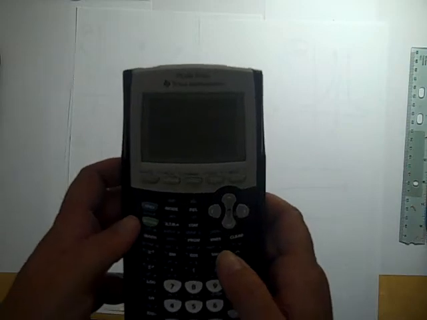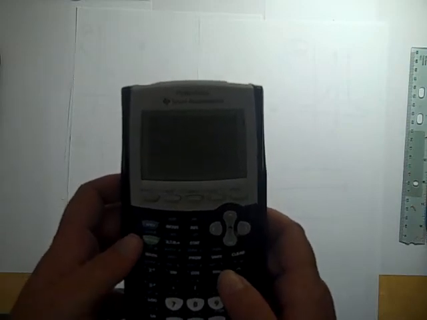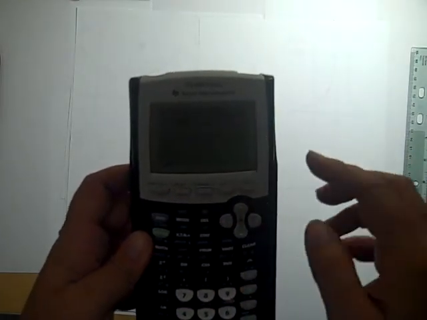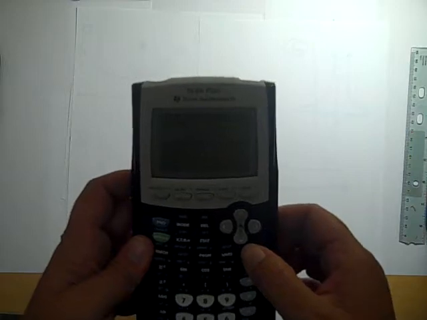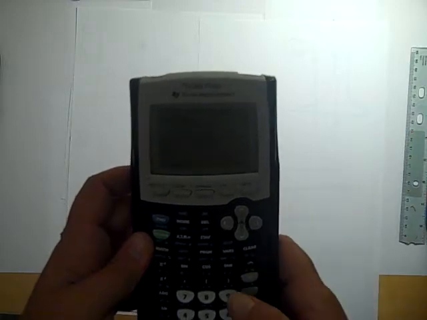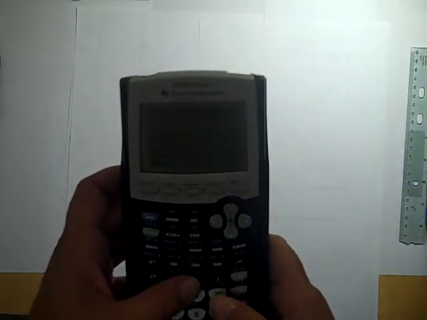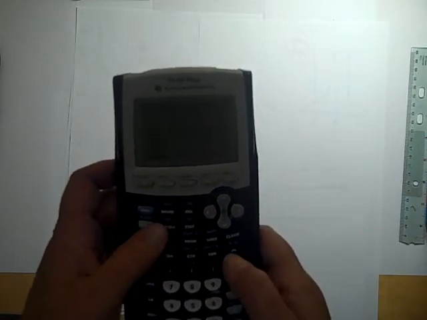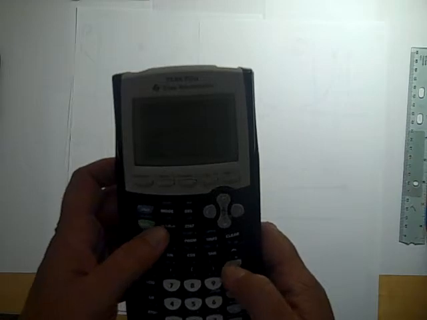I don't know how much you'll be able to see on the calculator, but I'll talk you through it. Let's talk about how to put this function into our calculator. You're going to hit y equals, and if you have anything in the top slot, you're going to hit clear. Occasionally you have to hit clear twice. To enter this function, we start with parentheses x, then use the caret, 3 for the cubed.